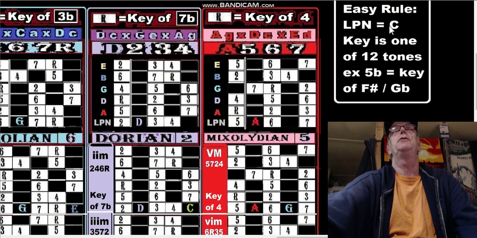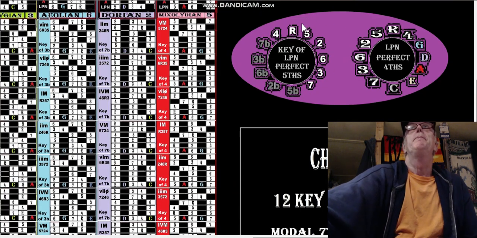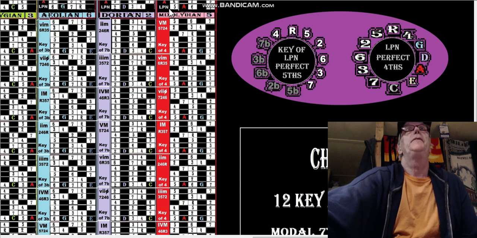Easy rule: if the lowest playable note equals C, then 5 here, the lowest playable note, is the 5th of C, that's G. The key would be G there. Key of 4, R equals the 4th in the key of G. Up here, the lowest playable note is 5, still written up there.